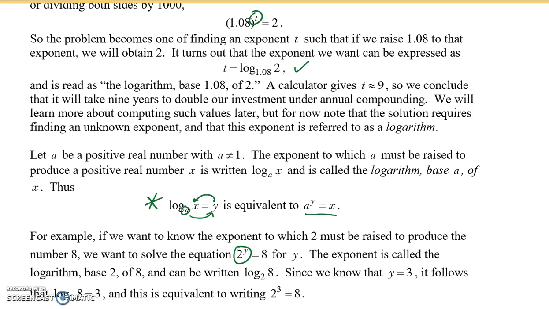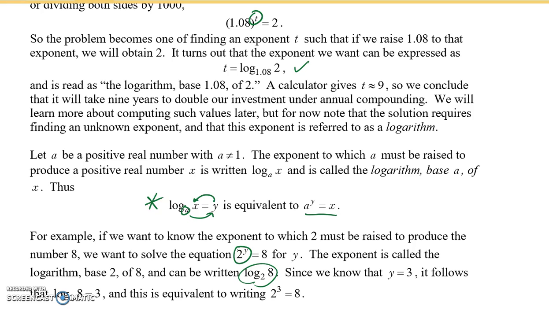Now, be careful with this notation here. Log base 2 of 8, we're not talking about 2 to the 8th power. It looks a lot like 2 to the 8th power, but that is not the interpretation. We're asking what is the exponent 2 must be raised to give us 8. Since we know that that exponent is 3, it follows that log base 2 of 8 equals 3, and this is equivalent to writing 2 to the third equals 8.